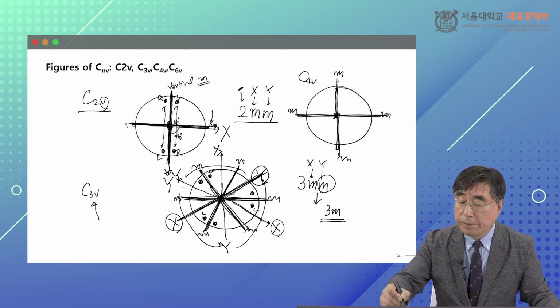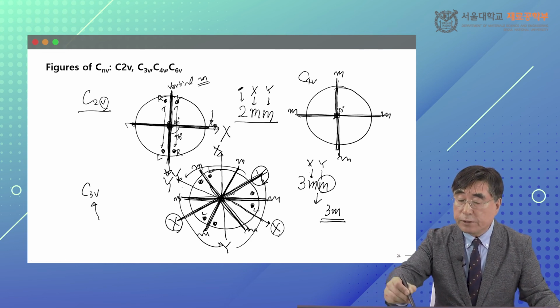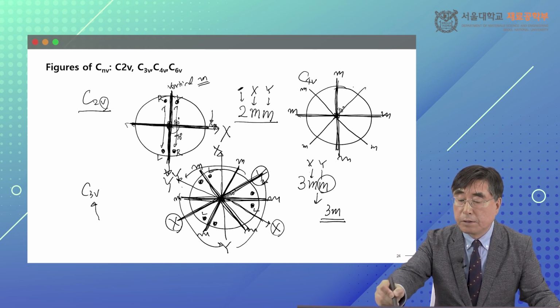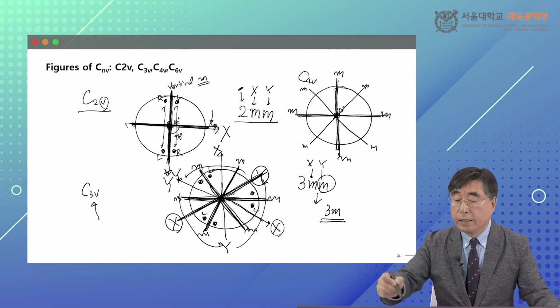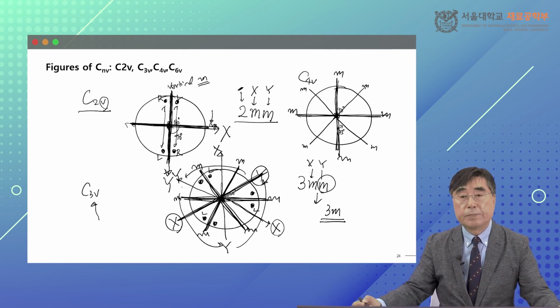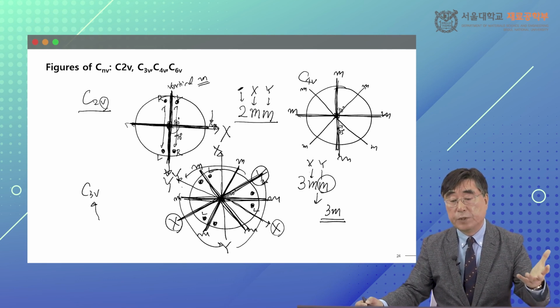But now remember that this one is 4-fold, so it has a 90-degree rotation operation. So an extra mirror should be generated in here. Right? So between the mirror planes, there should be 45-degree separations. So these are the symmetry elements of the C4V.